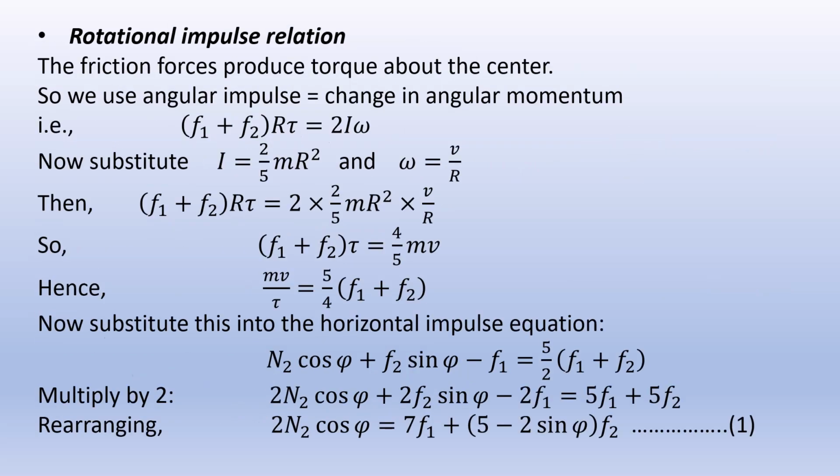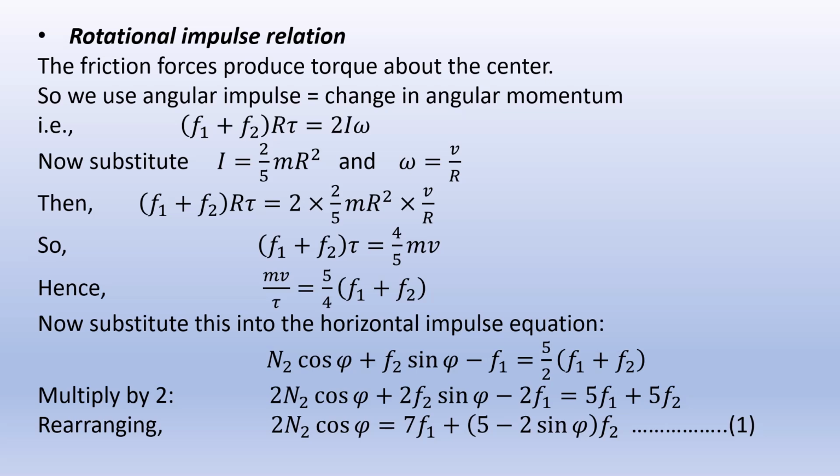Now let us write the rotational impulse relation. During the collision, friction forces act at both contact points and both of them produce torque about the center of the sphere. Since the collision takes place in a very short time interval, we use the angular impulse approach.